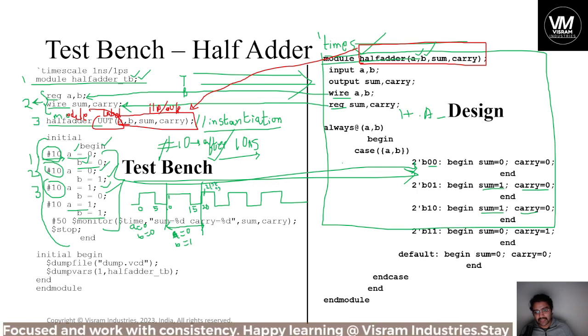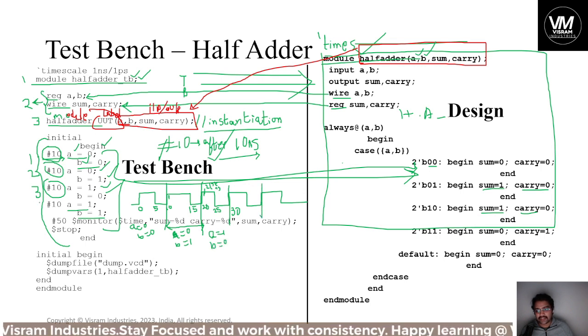It will be very clear when you follow along. So from the 21st nanosecond till the 30th nanosecond, in the middle it is 25, your values of a will be 1, b will be 0.